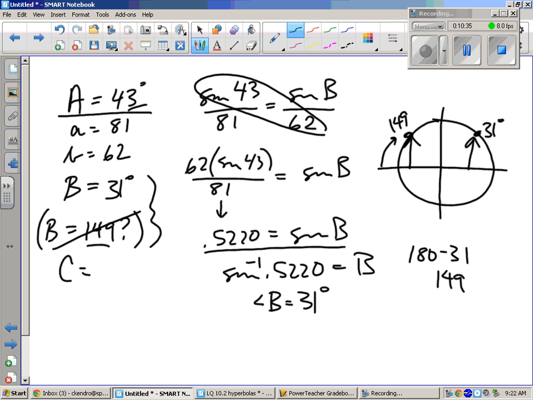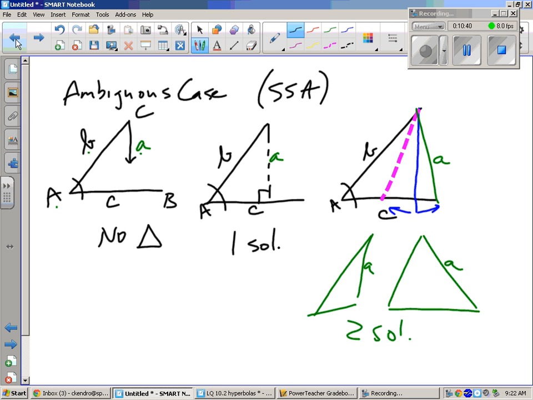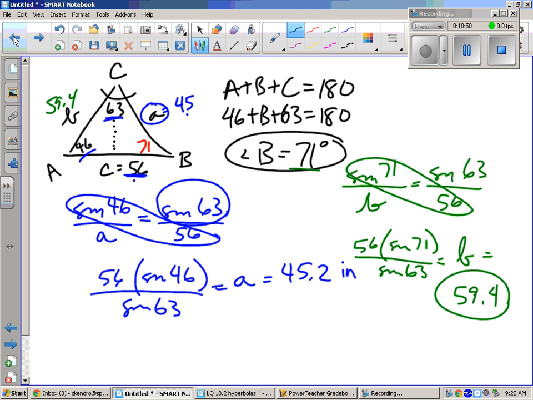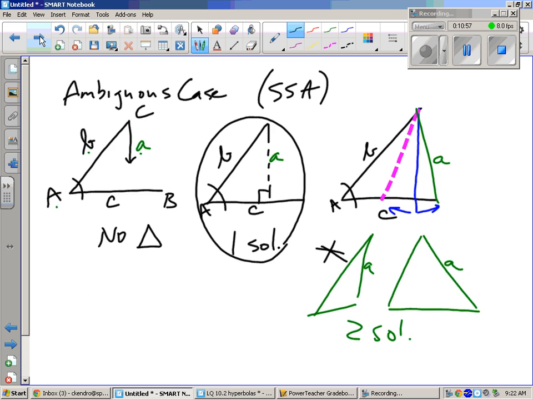So this one is not going to be the two solutions. It's not going to be this case here. It's going to be a one solution where it hits exactly once. And it doesn't have to be a right angle. Sometimes it is, but it doesn't have to be.